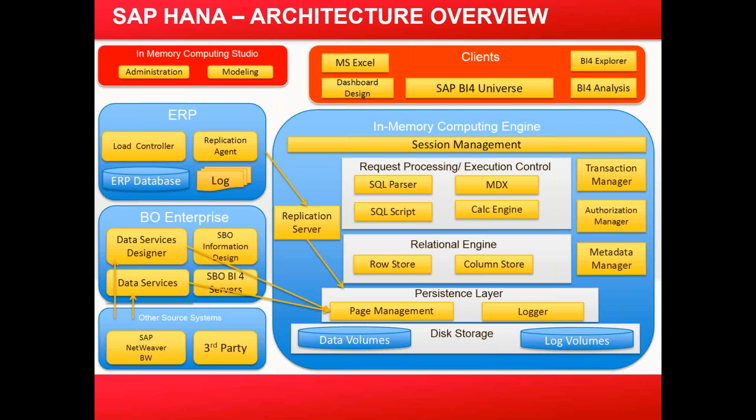So these are the main processes that are running within HANA. The important processes that we will be dealing with mainly during the setup of HANA or during the administration mechanisms are the log volumes, data volumes, and the replication server process, which is another process which can be pushed down to HANA.